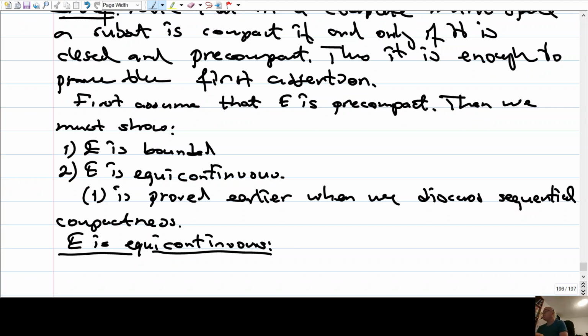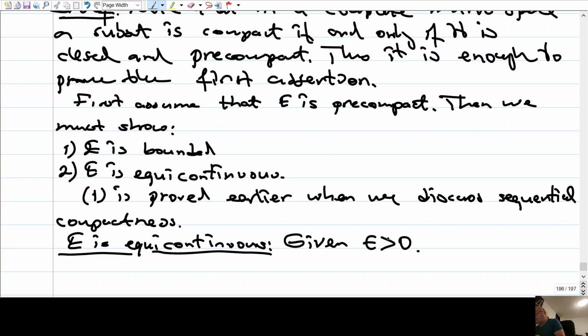All right, so given epsilon positive, I need to find a delta which will work for all the functions in the set E. All right, and what we know is that E is pre-compact.